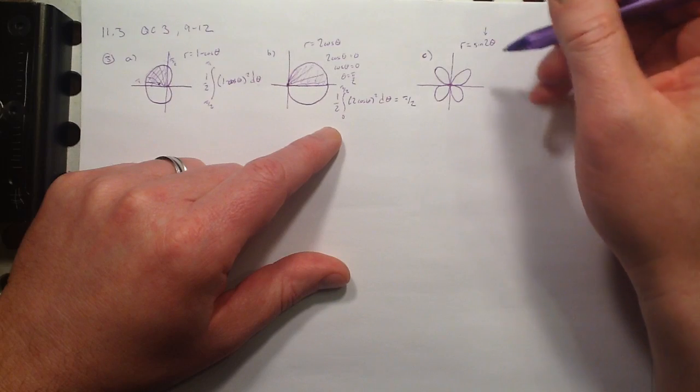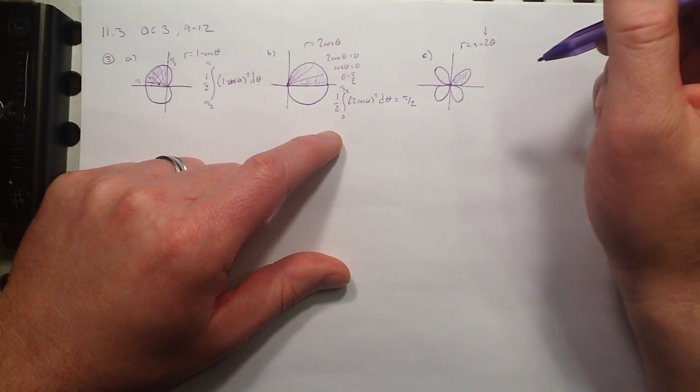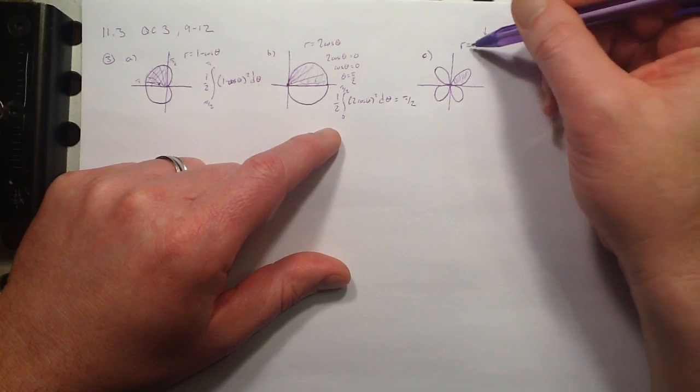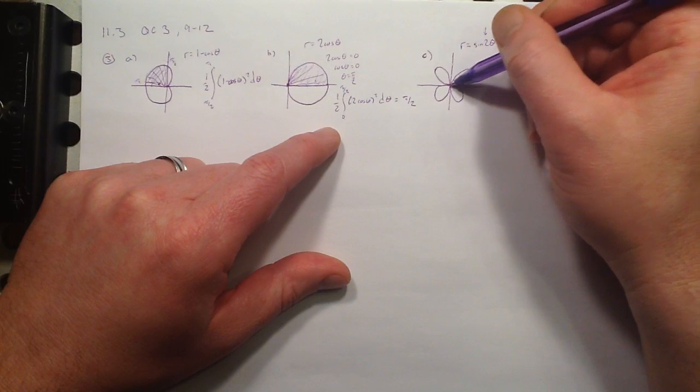Okay, so let's think polar for a minute. They have the first petal of the rose shaded in here. When I start making this graph, it starts at theta equals 0. I have this is 0, and then it goes out.